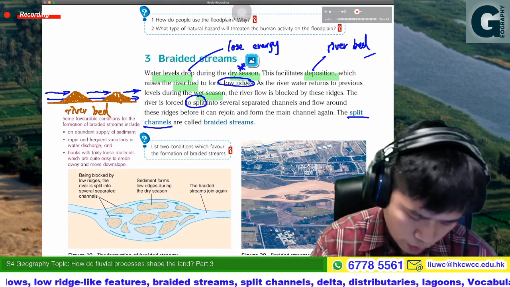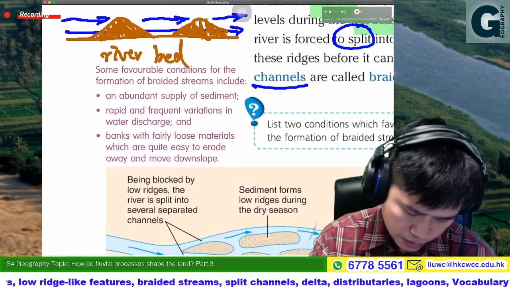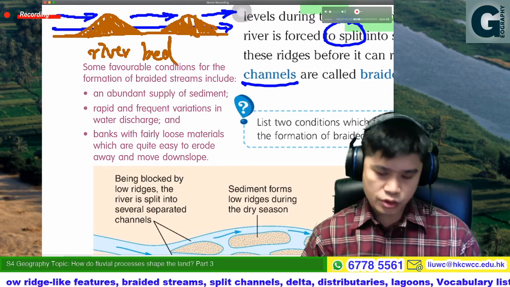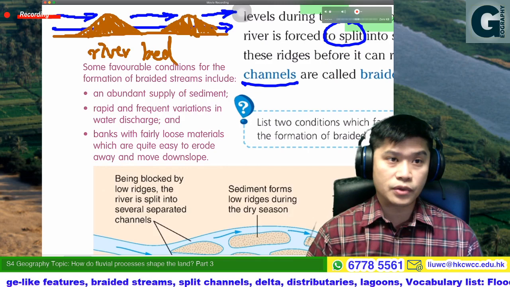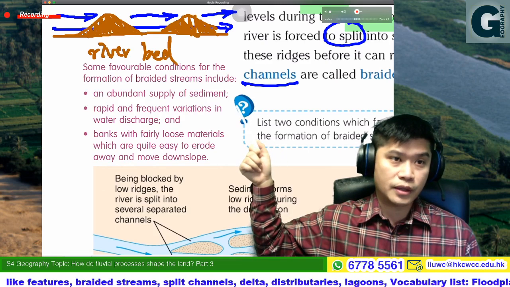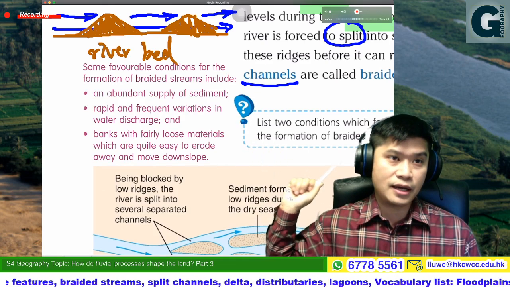And then, what would be the two conditions which favor the formation of a braided stream? First, there should be an abundant supply of sediment.